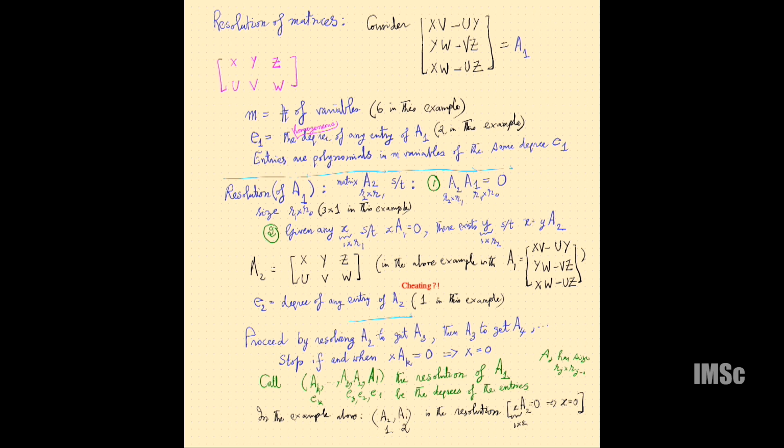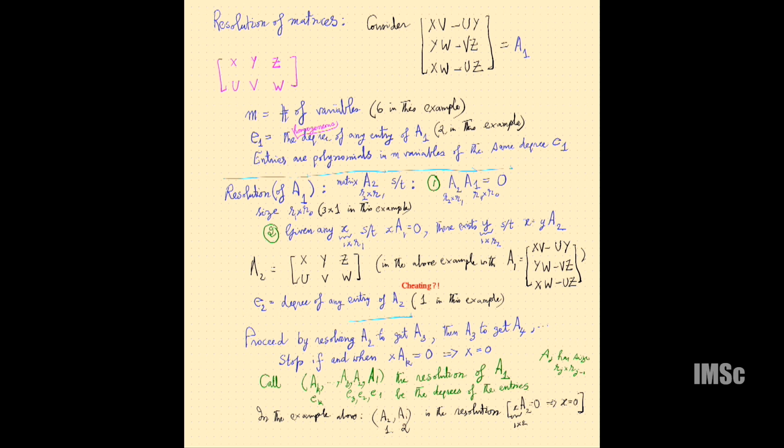Suppose you have this property, then you can take A(k+1) to be 0, and you are done. So this sequence, A1, A2, A3, A4. I should have written it maybe the other way, but since the multiplication is A2 times A1, I'm writing it this way. A1 is the first given matrix, and then you construct A2, A3, and so on. Let's call this the resolution of A1.